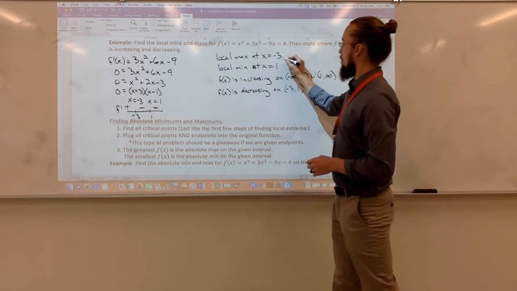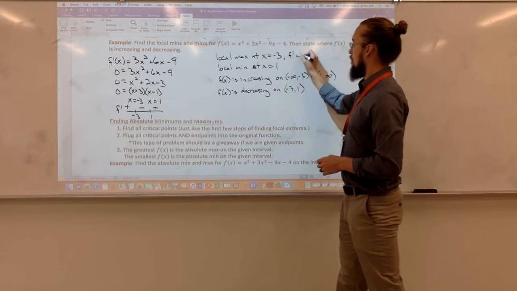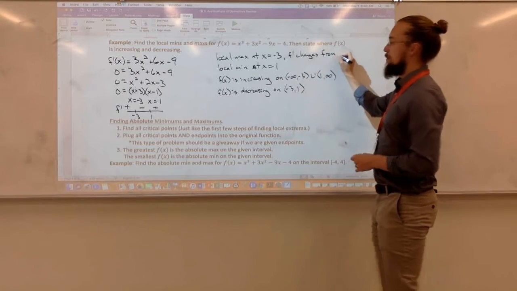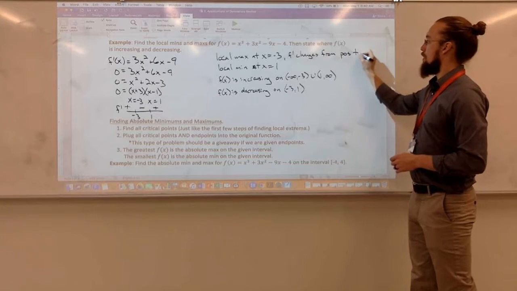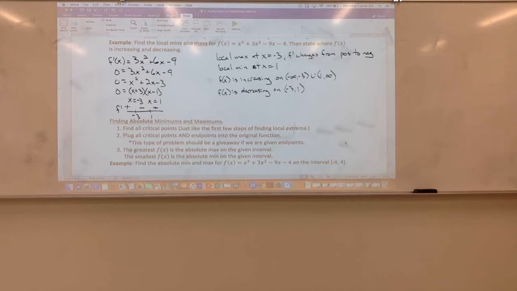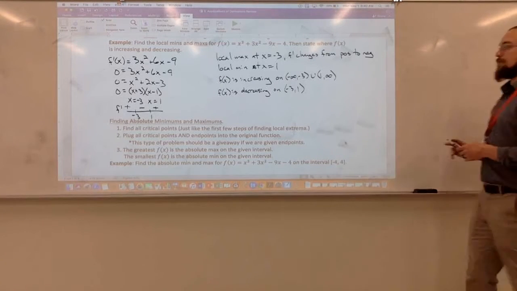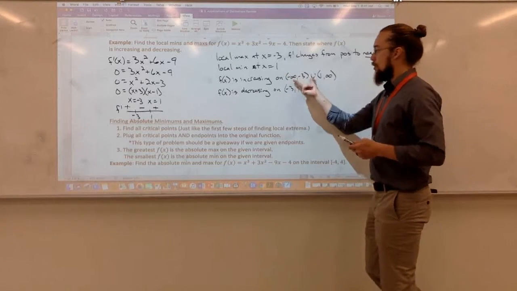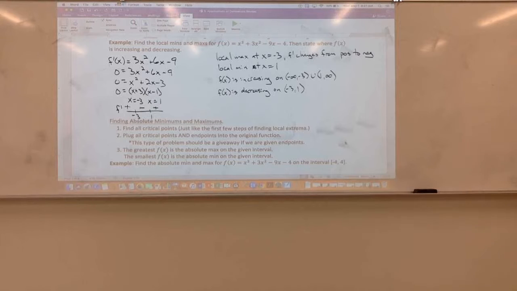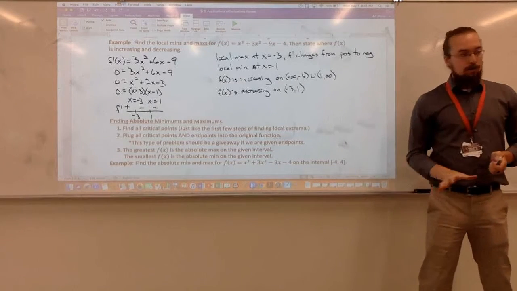We could also say f prime changes from positive to negative, right? So either of those would be perfectly acceptable explanations. So I'm not going to write out all the explanations for these, but we need to be comfortable writing out a sentence to explain that word. Okay? Feel okay with those?